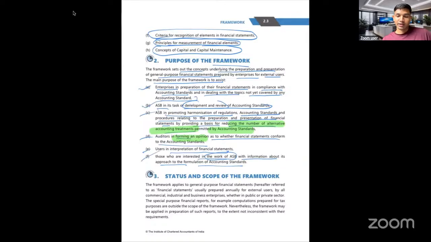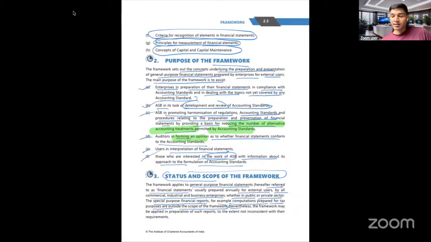Now we will see the status and scope of the framework. The framework applies to general purpose financial statements, hereafter referred to as the financial statements, usually prepared annually for external users by all commercial, industrial, and business reporting enterprises, whether in the public or private sector. Special purpose financial reports, for example, computations prepared for tax purposes, are outside the scope of the framework.